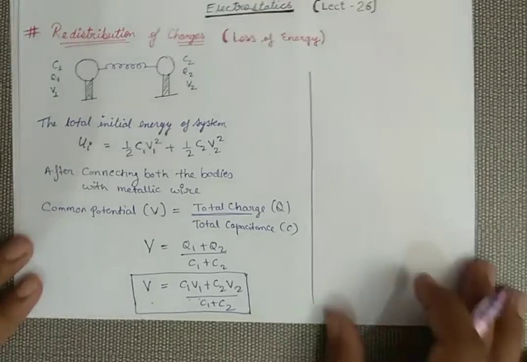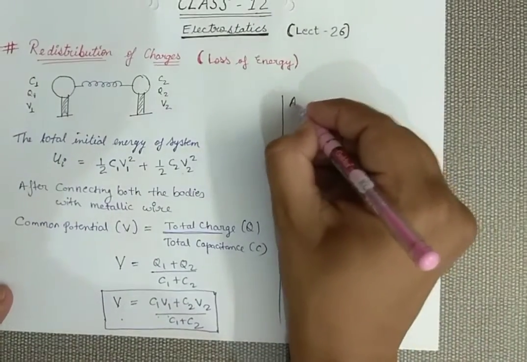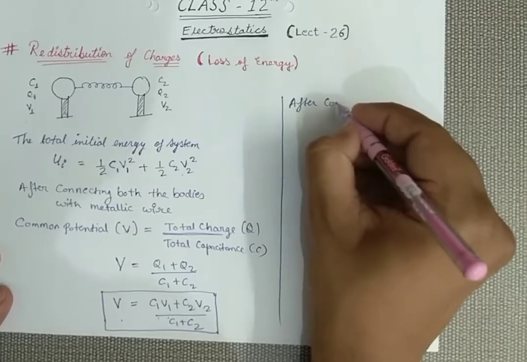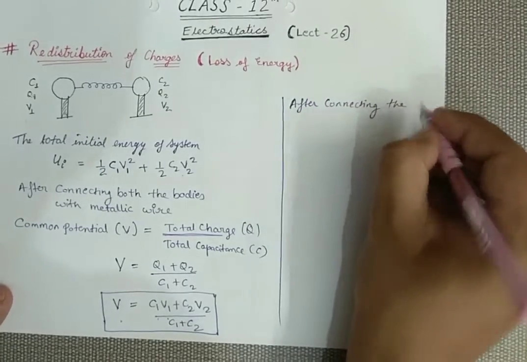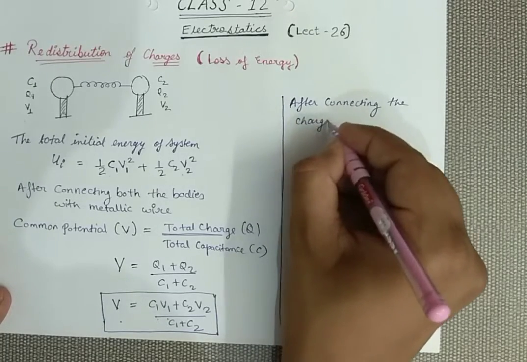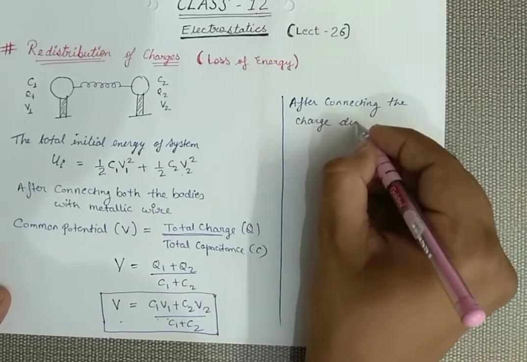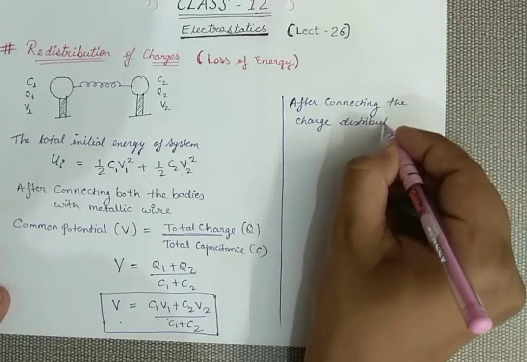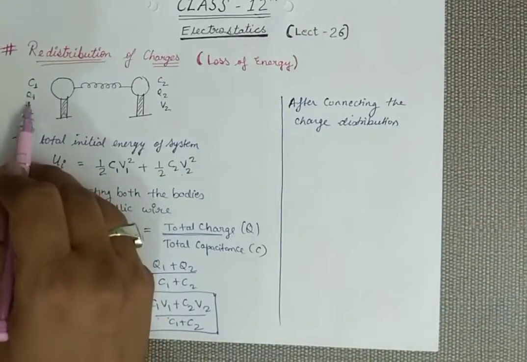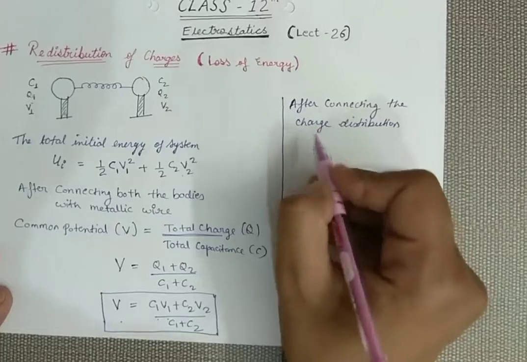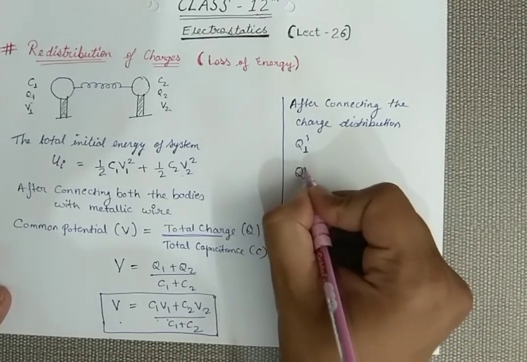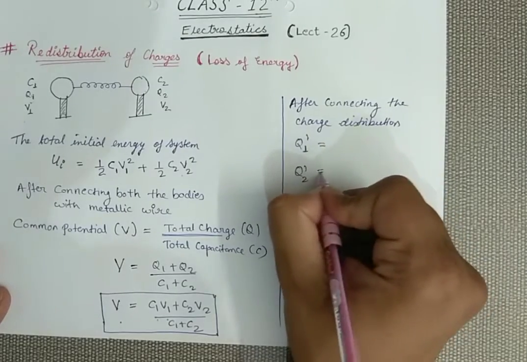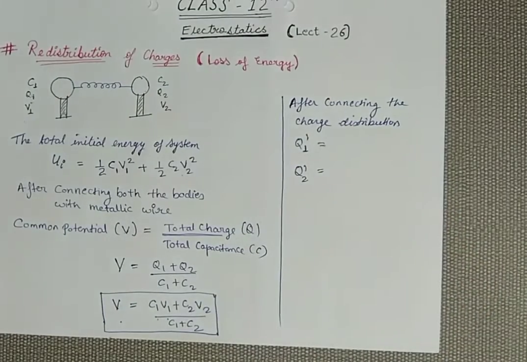Now what is going to happen after connecting? We have to find the charge distribution. How will the charges distribute? Initially the charge given was Q1, but after connection it will get the charge Q1 dash, and the other will get the charge Q2 dash. We have to find these charges Q1 dash and Q2 dash after connecting.